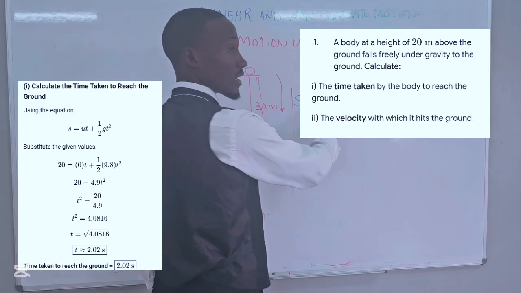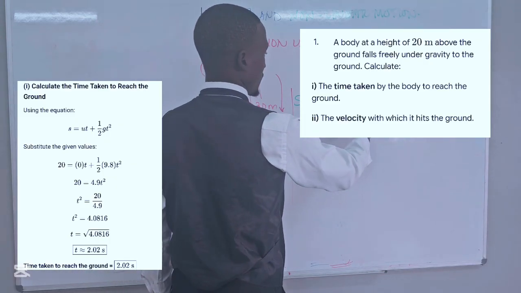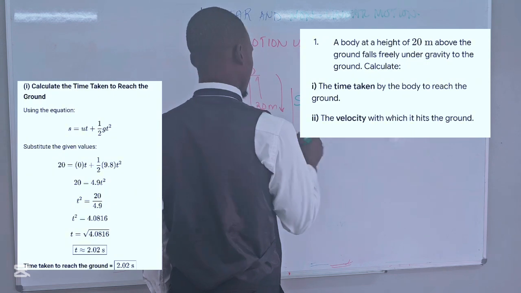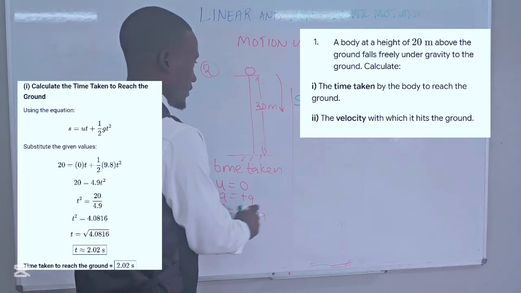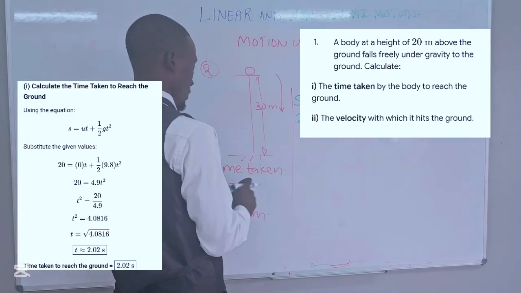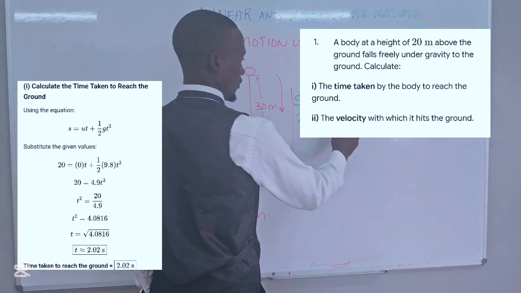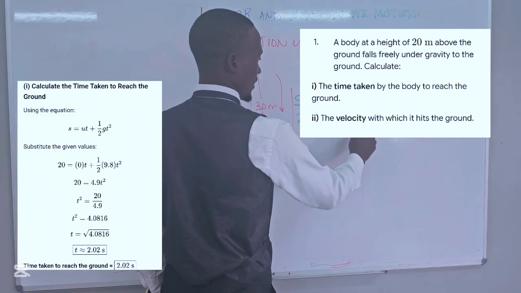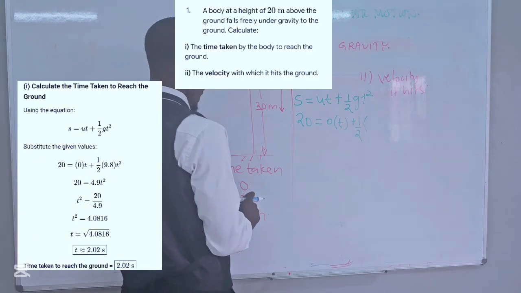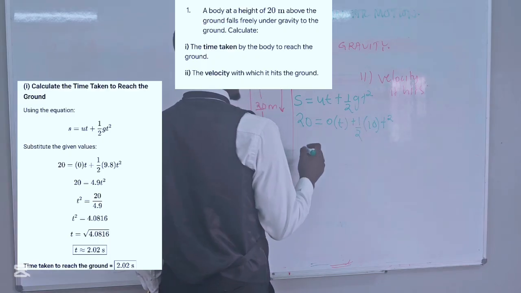S = ut + half gt squared. I'm using a plus because it is moving downwards. So our s is 20, our u is 0, our t is not known, plus a half, our g is 10, times t squared.